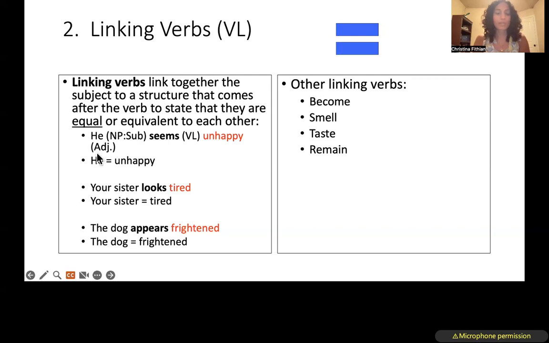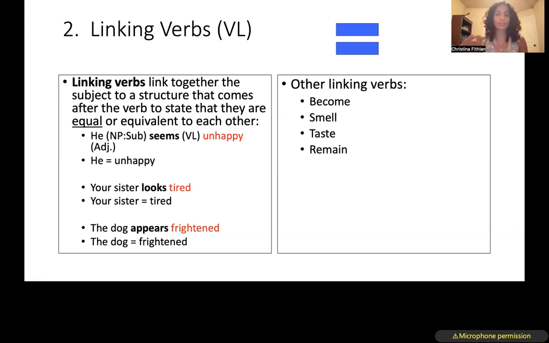For example, if I say, he seems unhappy, the verb seems here is a linking verb. Now, all we're doing is just saying he equals unhappy. And the seems doesn't really have much meaning here. Same thing with the word looks. Your sister looks tired.